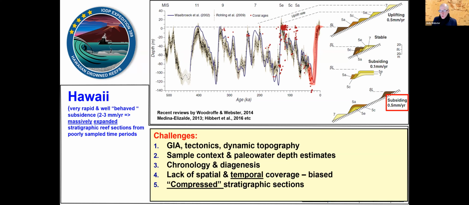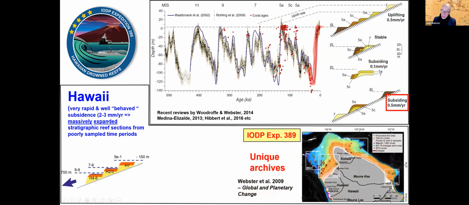This has produced very rapid and well-behaved, continuous subsidence in the order of 2 to 3 millimeters per year. And this has produced this sequence of reefs down to about 1,500 meters that get increasingly older as we go deeper. And so there's been a wealth of work that's been done over the last several decades, and this has gone into the development of the proposal.